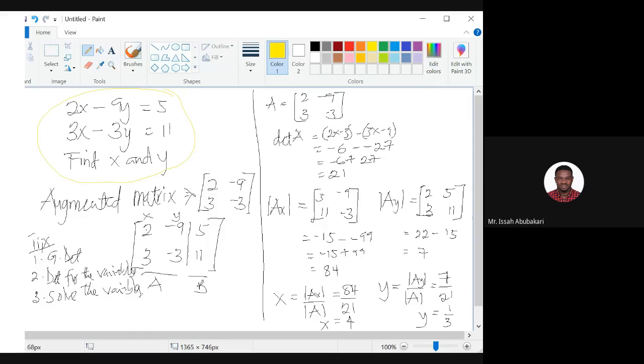If you want to find the determinant of x, don't write the x values; replace them with the b values. If you want the determinant of y, don't write the y values; replace them with the b values. Then you solve the determinant. To find the value of x, it is the determinant of x divided by the general determinant. Then you simplify the rest and get your final answer.